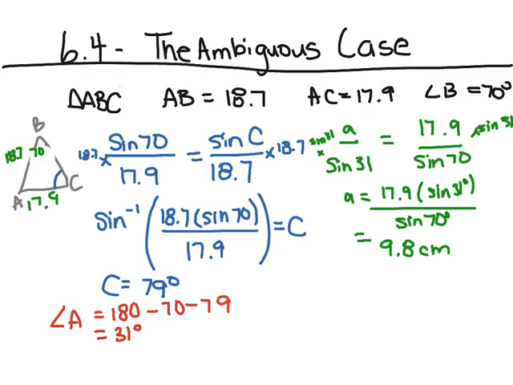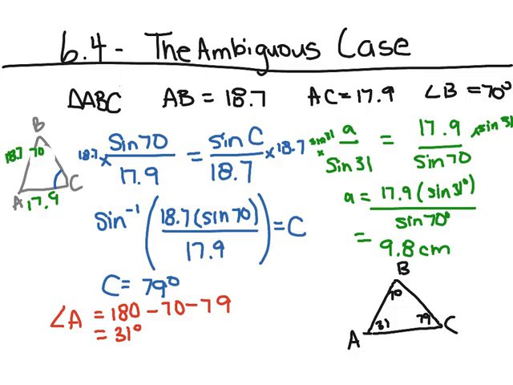So we've solved this triangle, and it should look something like a 70-degree angle. So if this was A, B, C, this would be our 31, this would be our 70, and this will be our 79.